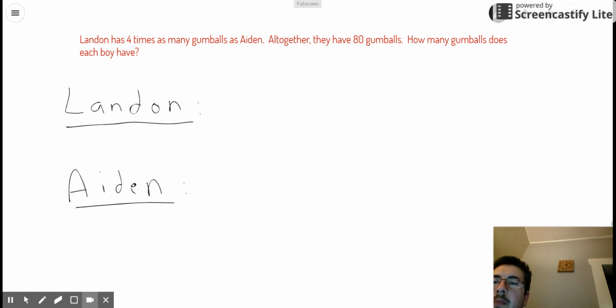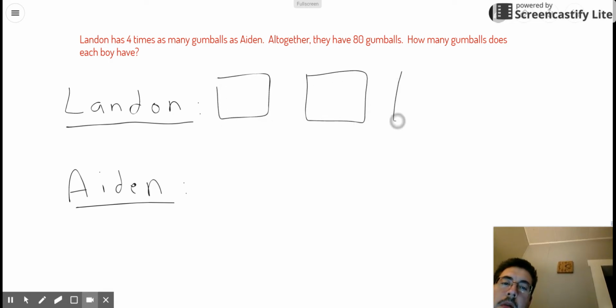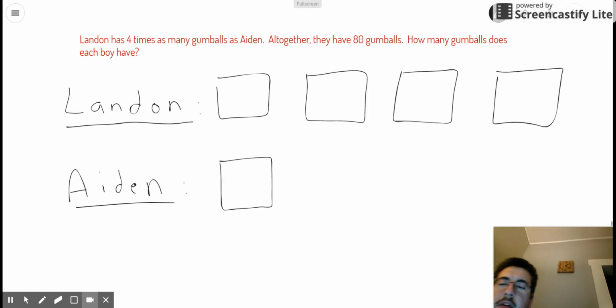And because the problem states Landon has 4 times as many gumballs as Aiden, I'm going to put 4 bars or boxes next to Landon's name, and then I'm just going to put 1 box next to Aiden's name. So 4 boxes is 4 times larger than 1 box, so it makes sense.